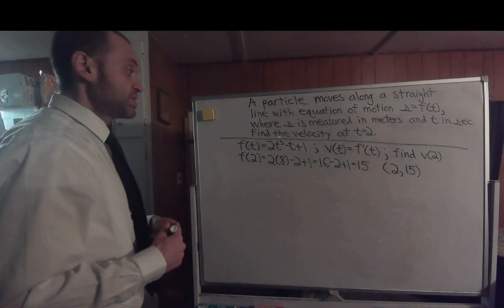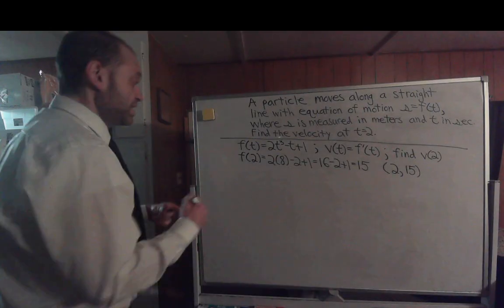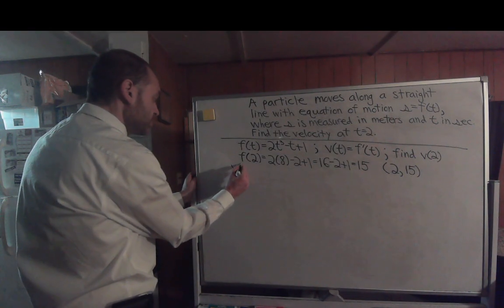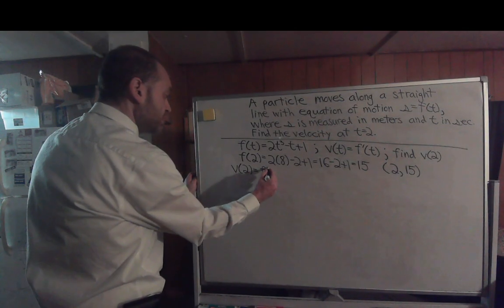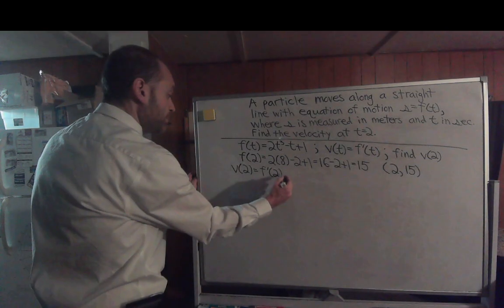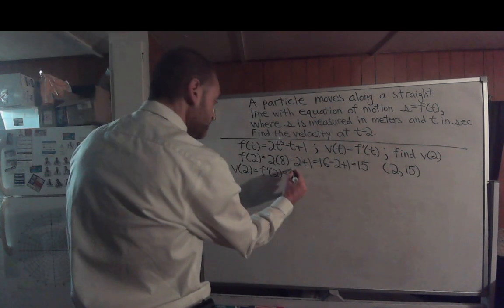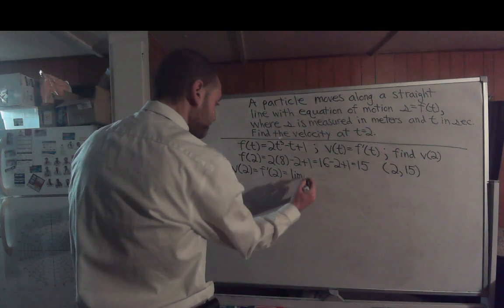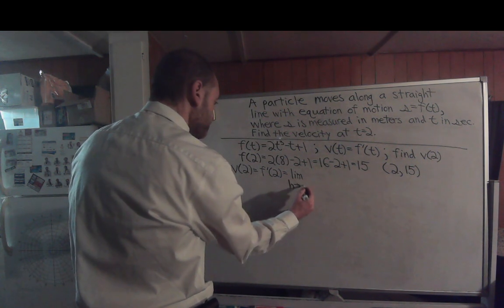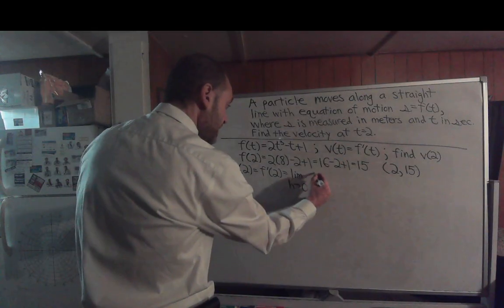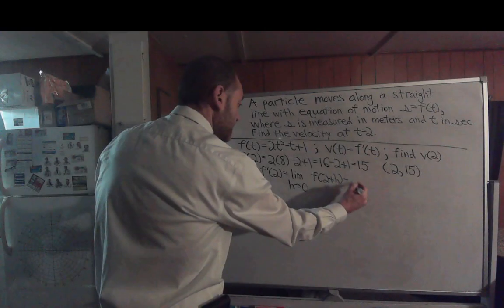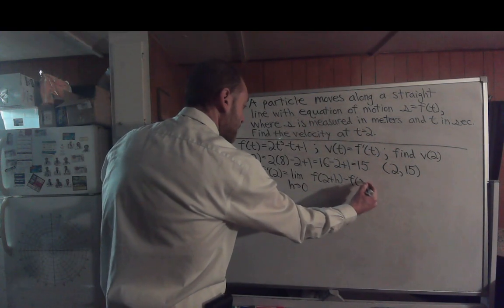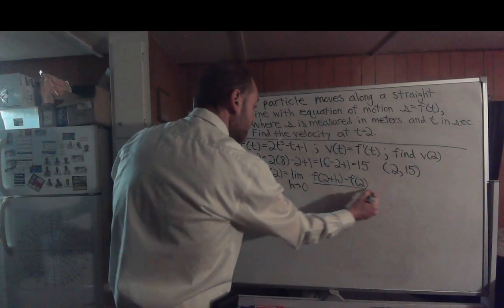Now, of course, to find the velocity at time equals 2, that's the same thing as the derivative, which would be f prime of 2. That's going to be equal to the limit as h approaches 0 of f of 2 plus h minus f of 2 all over h.